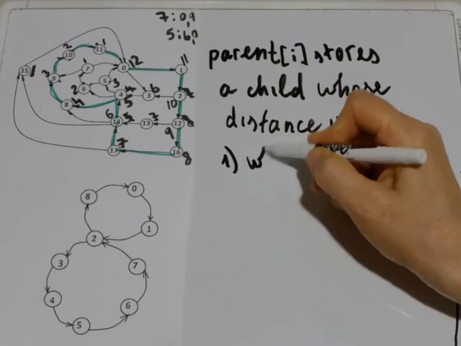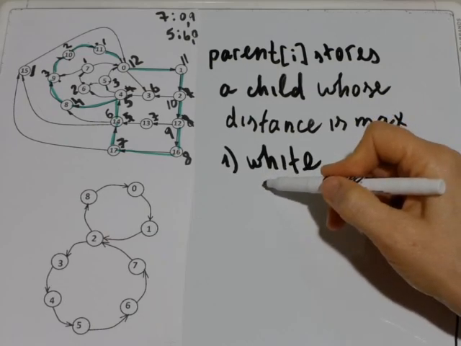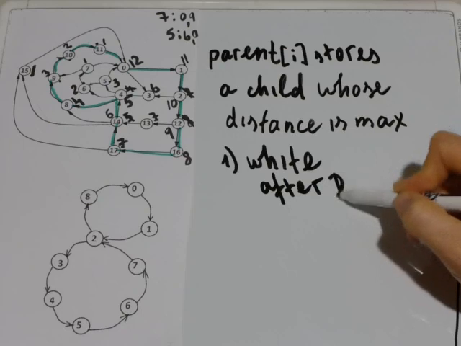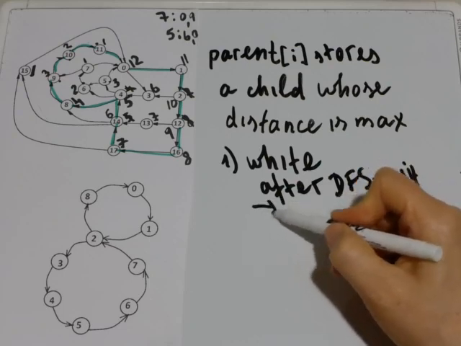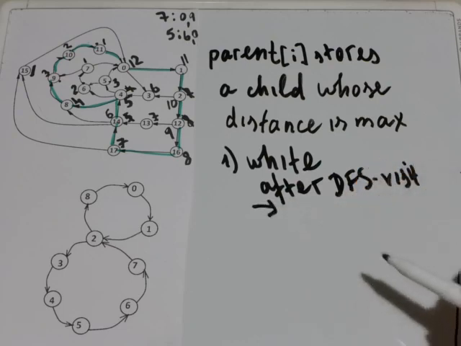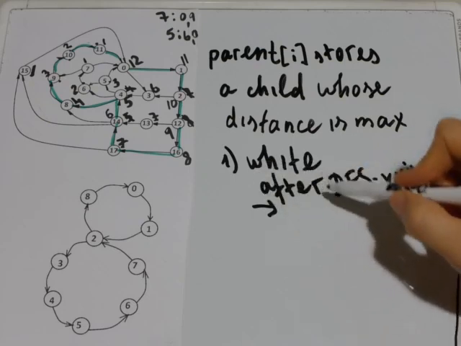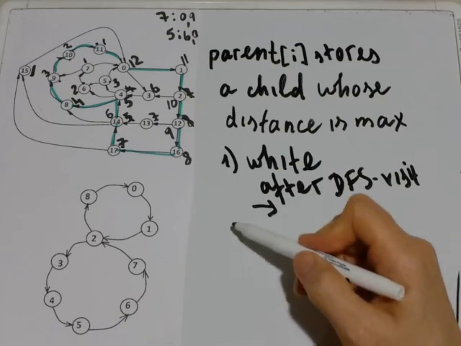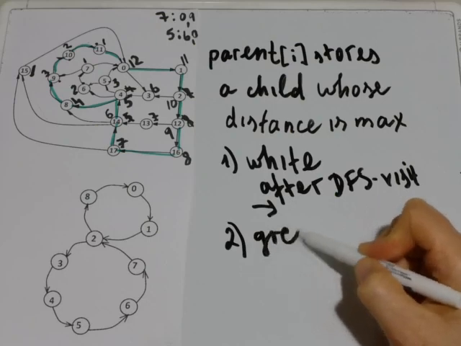A neighbor can be white, then you call DFS visit on that white neighbor, and only after DFS visit returns, you update the distance of the current node with the distance of this child plus 1 if it is the maximum.